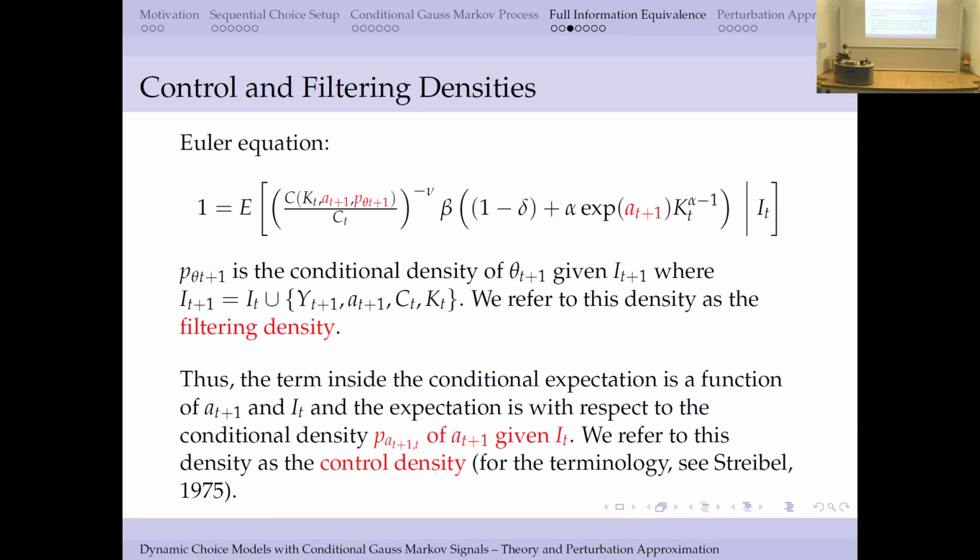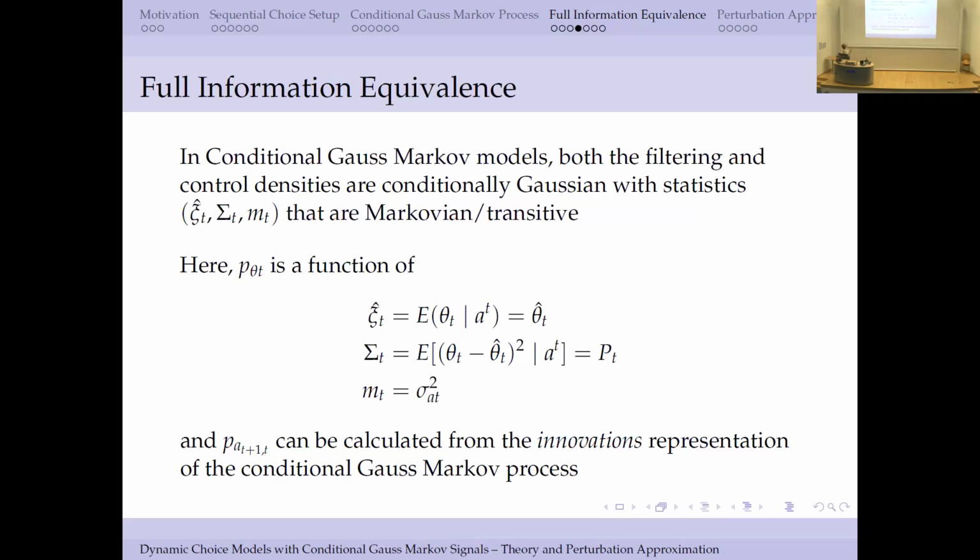We call this conditional distribution the control distribution, or the control density. Those two objects in the conditional Gauss-Markov setup are functions of our sufficient statistics, xi hat, sigma t, and mt, right? So wherever we had those infinite dimensional objects, we can replace them with these finite dimensional objects.